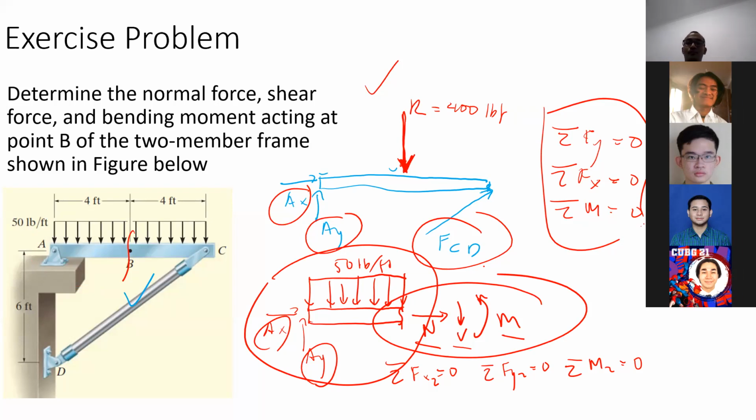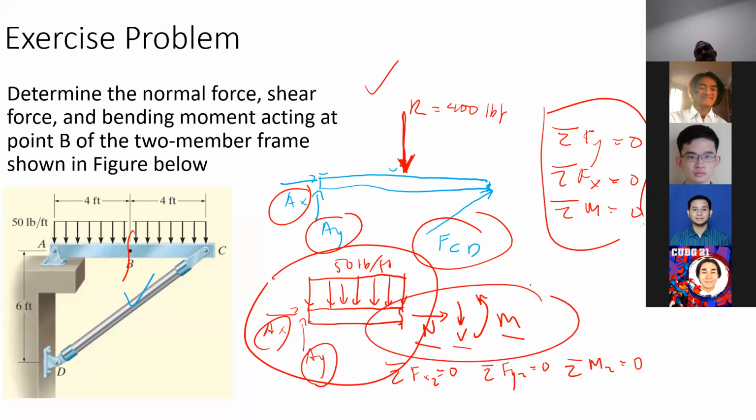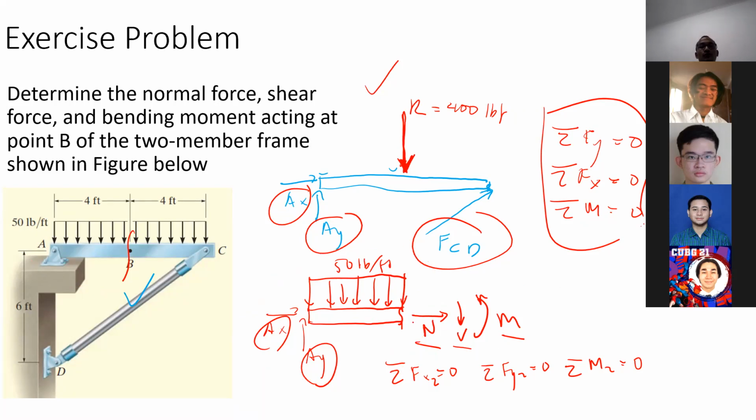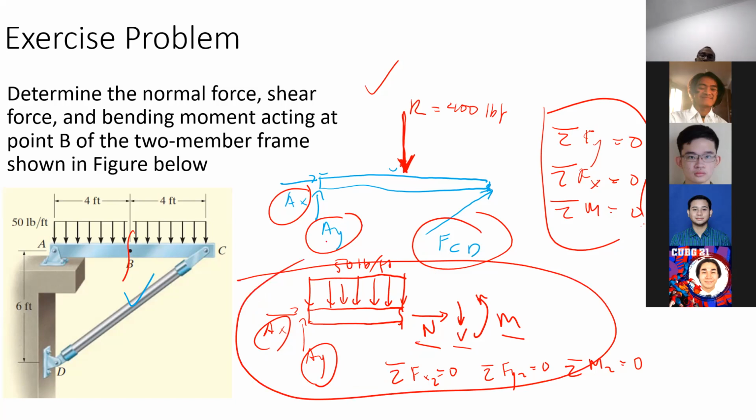So all the internal forces, I will put it there. Then we solve for this particular free body diagram.